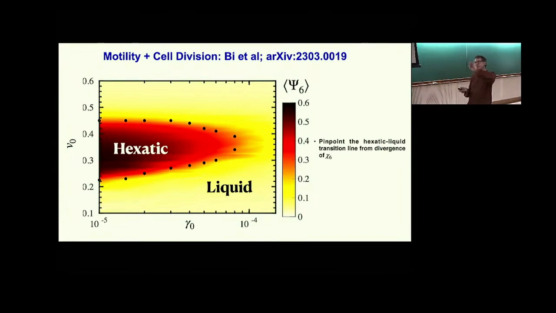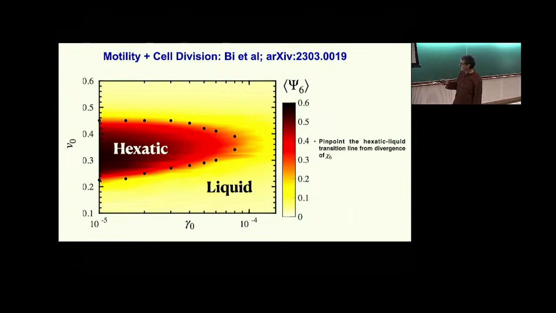So this is kind of opposite to the situation that you had because of cell division. So what you have is a low temperature. If you move along here, this is cell division rate, and this is the self-propelled velocity. As you move from low activity to high activity, you have a re-entrant phase transition. Liquid, then hexatic in this case, and then liquid again. At sufficiently high division rates or mobility, you're disordered.